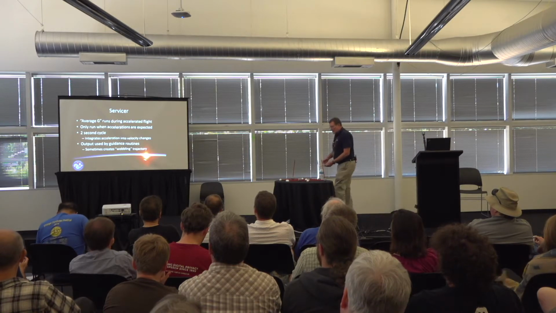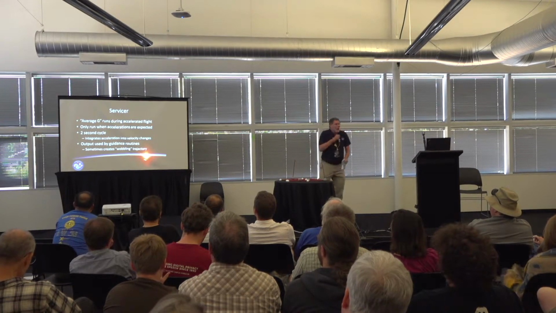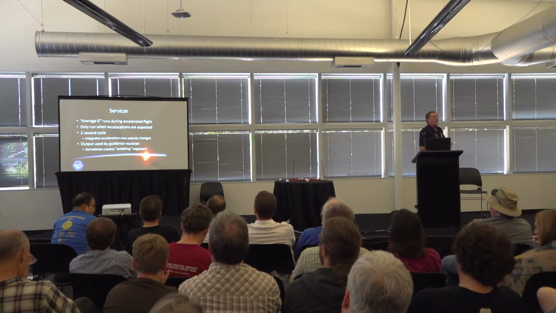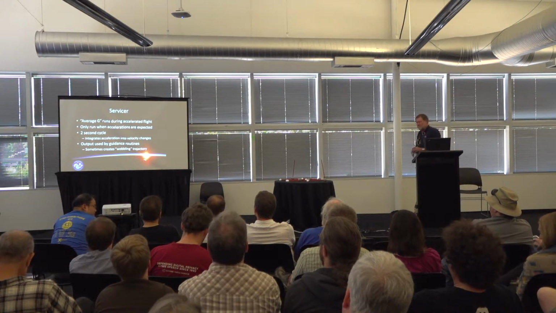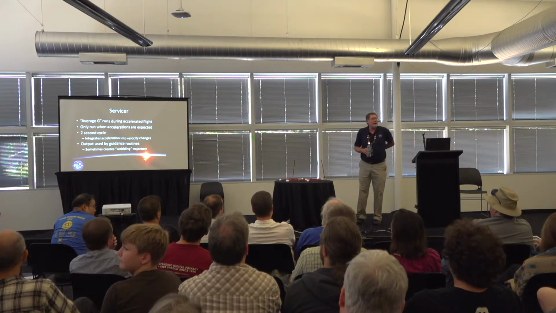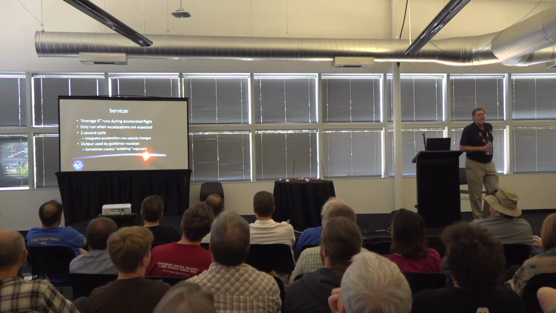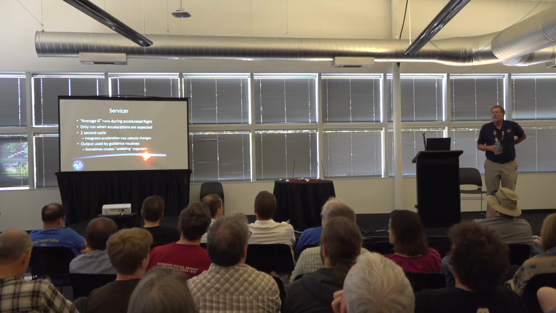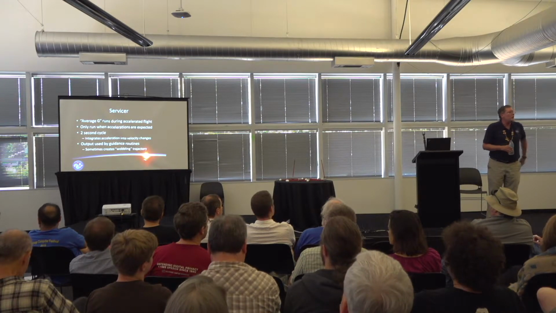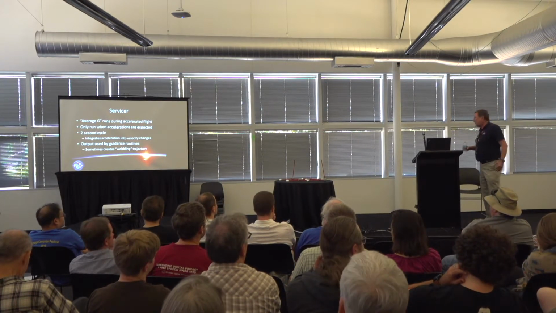Anyway, so we're going to get back to some real geeky stuff again. We have this servicer. This is your guidance and navigation routine. Every 2 seconds it runs. It runs probably about a fraction of that. The way the Apollo guidance computer ran its software is that it wasn't one big monolithic program.